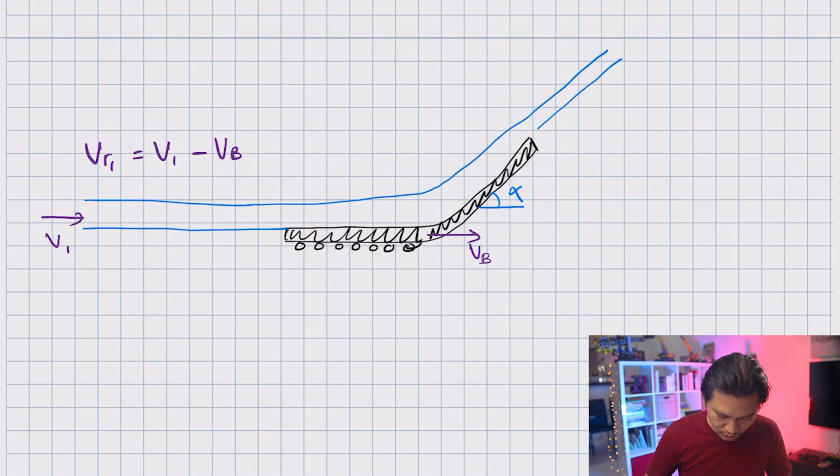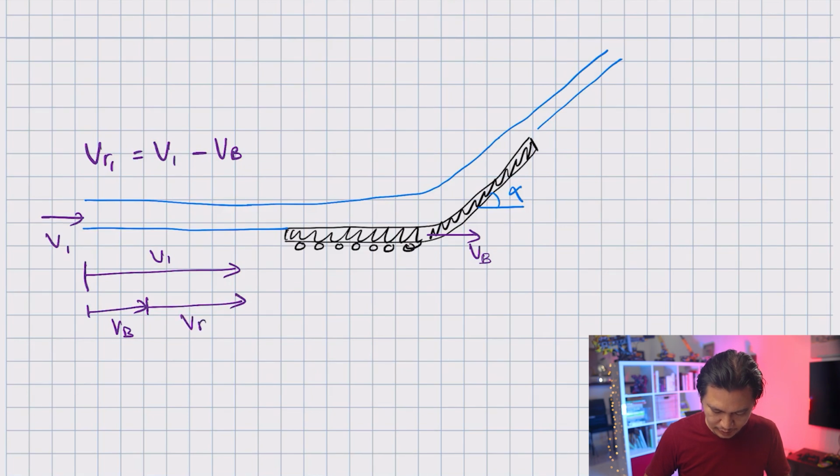And if I were to draw a schematic, the total velocity here would be V1, and V1 is VB plus VR1.